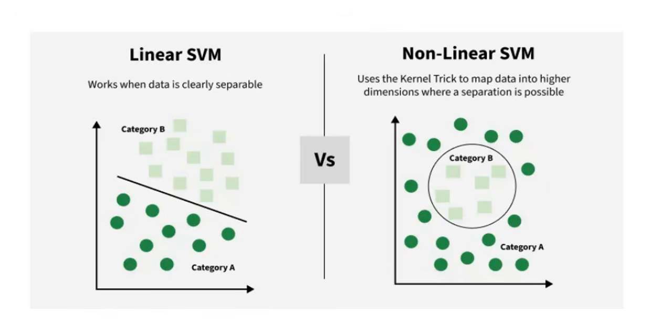Linear SVM is suitable when the classes can be separated using a straight line or hyperplane. It is generally simpler and computationally less expensive. On the other side, nonlinear SVM is useful when the classes have complex patterns that cannot be separated by a straight line or straight boundary.